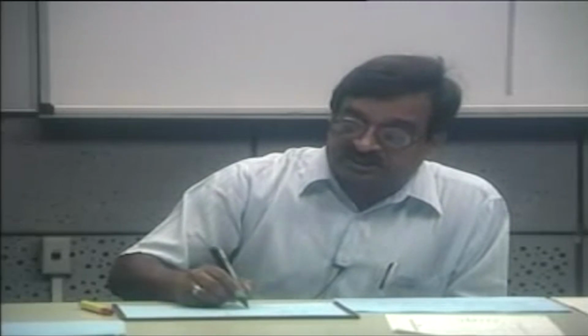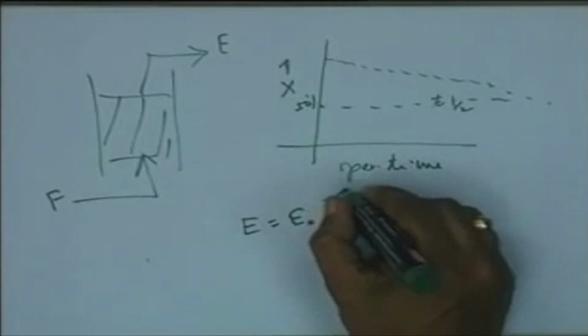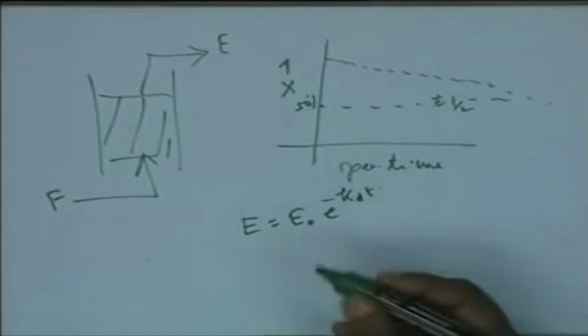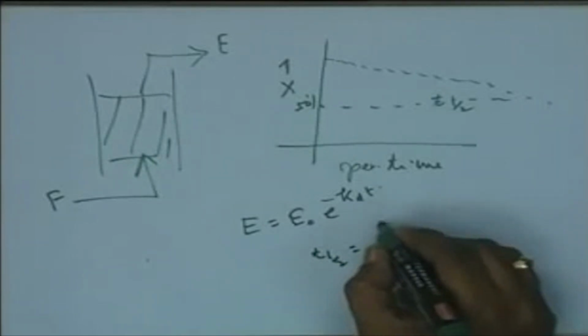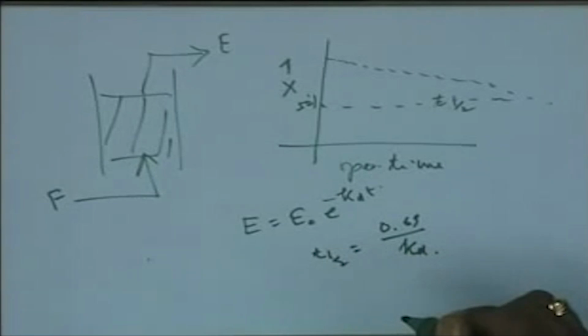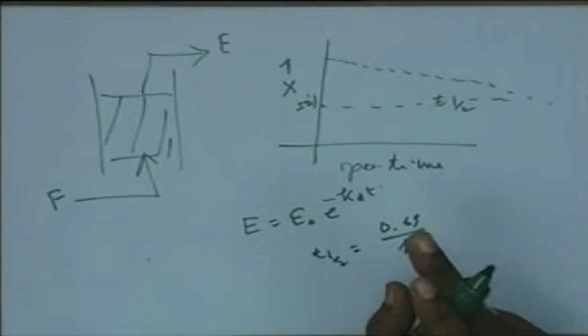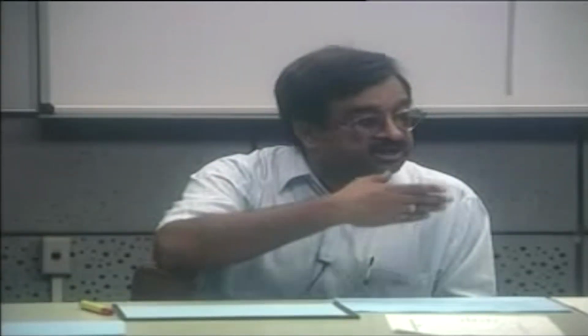For example, if E is equal to E0 minus Kd into T, you can simply calculate your half life as 0.69 over Kd. So T half is less in the case of adsorption compared to covalent binding, because the interaction is reversible in nature, so it keeps leaking.